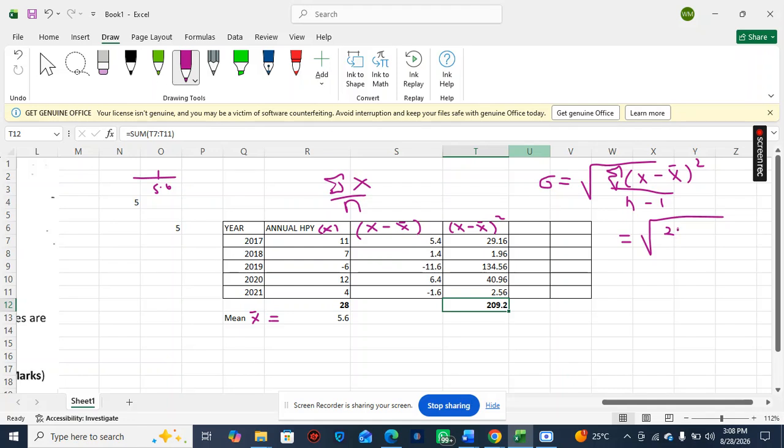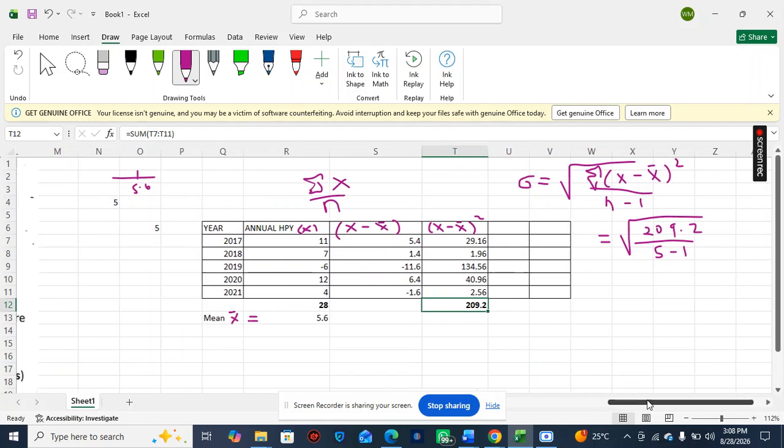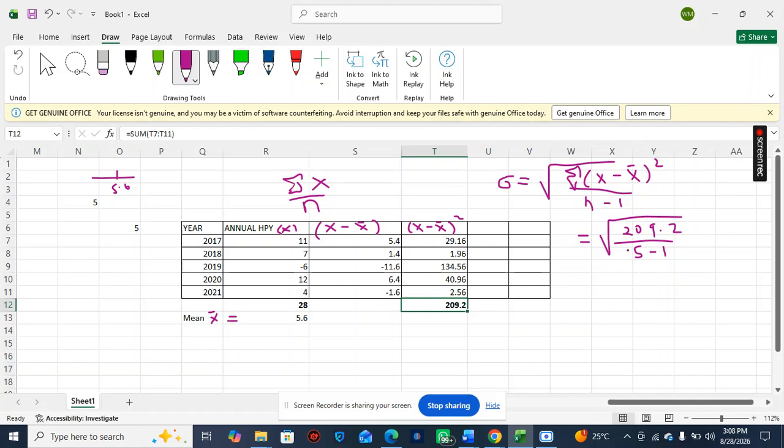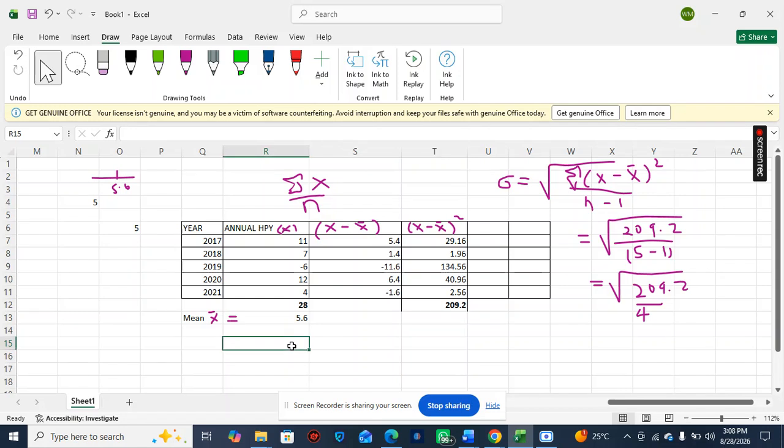So we say here 209.2 over n minus 1. N is 5, so 209.2 divided by 4. Let me put a 4 here.